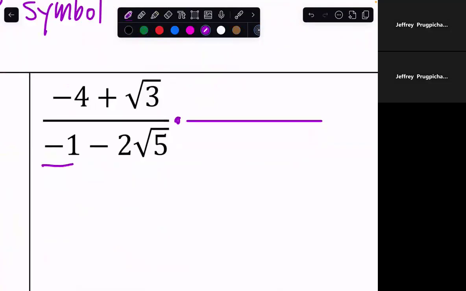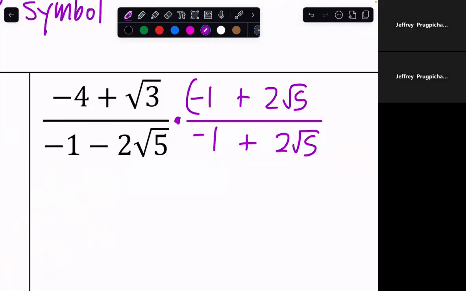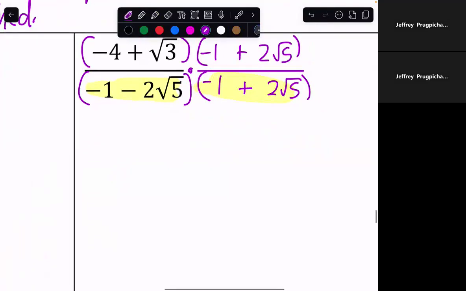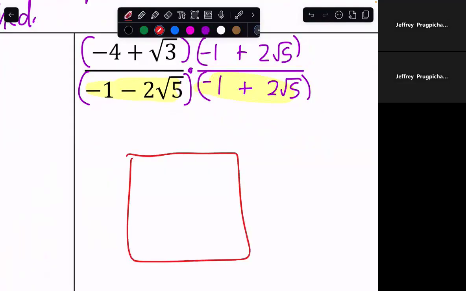So you keep the negative 1 in front, you keep the 2 radical 5 at the end, but instead of a minus sign between them, you switch it to a plus sign. So you would multiply both top and bottom by negative 1 plus 2 radical 5. Then go ahead and try to simplify the denominator. Don't worry about the numerator, but let's see if we can at least do the denominator.